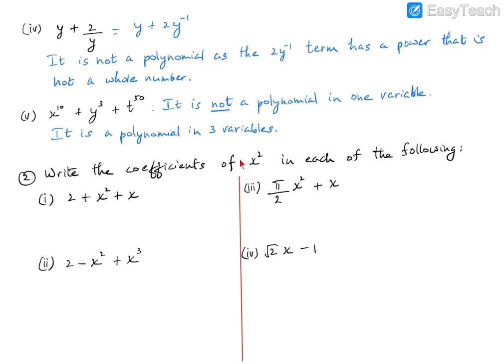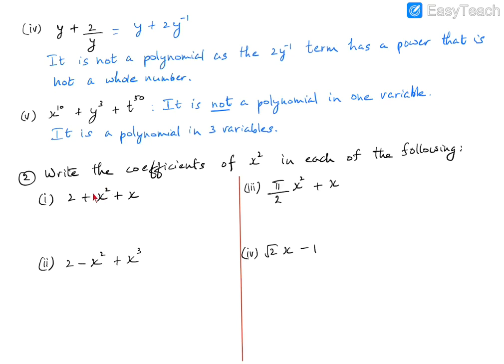Now let's go to the second question. Write the coefficients of x square, x power 2 in each of the following. So we want to find what is the coefficient of the x power 2 term in all these expressions. Let's go one by one. For the first expression, 2 plus x squared plus x, the coefficient is the number that is multiplying this term x squared. The number in front of this is 1.